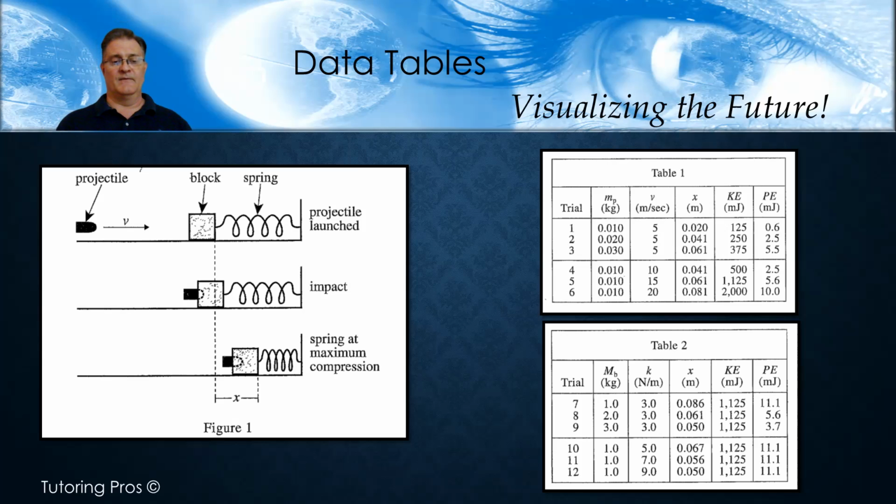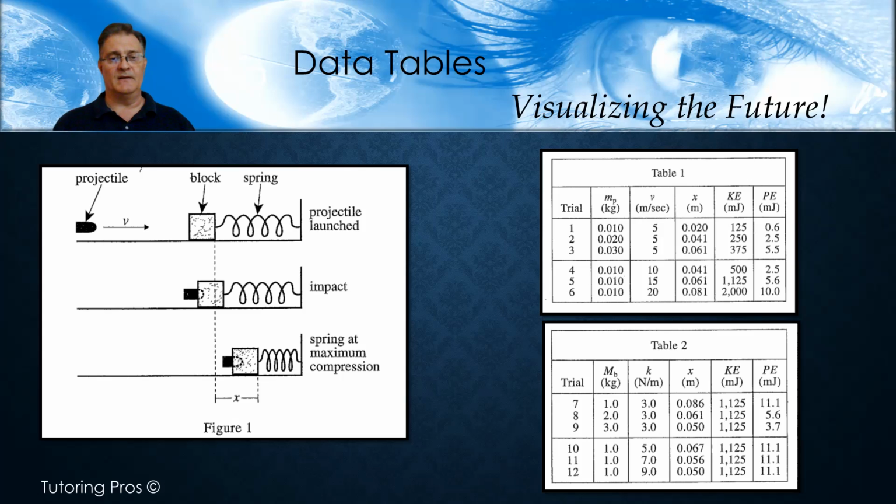So in figure 1 to your left, the last image, or the image at the bottom, shows X, the distance the block and spring has compressed after the bullet has hit it.